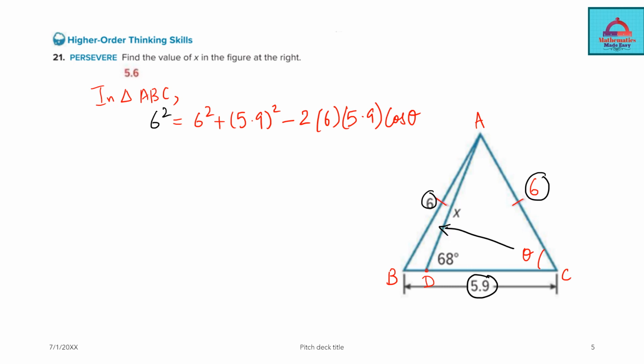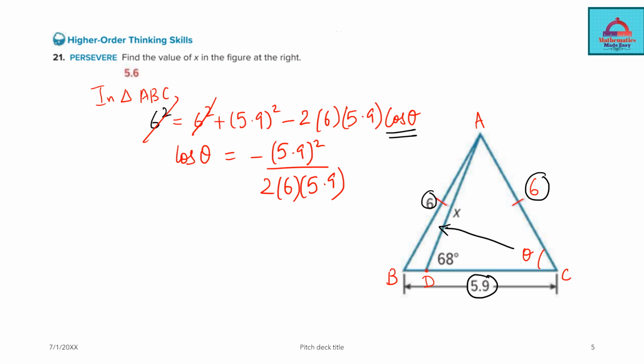Okay. Now out of this, I will take out the value for cos theta because that is the only unknown. Other things are given. Also your 6 square and 6 square are going to cancel. So cos theta is going to be minus 5.9 whole square divided by 2 times 6 times 5.9.